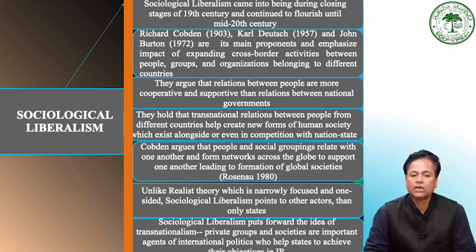They hold the notion that relations between people are more cooperative and supportive than relations between national governments. So these scholars were basically arguing that the economic interdependence between these liberal democratic countries was encouraging more and more people, groups, and organizations from different countries to move from this part to that part, and that kind of trade, communication, and cultural exchange helped expand cross-cultural activities between these countries.